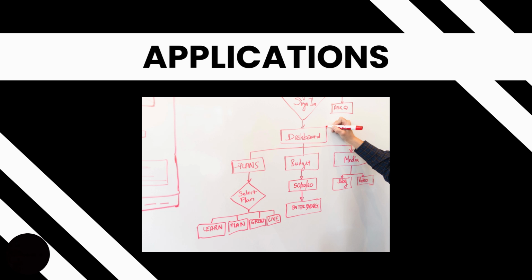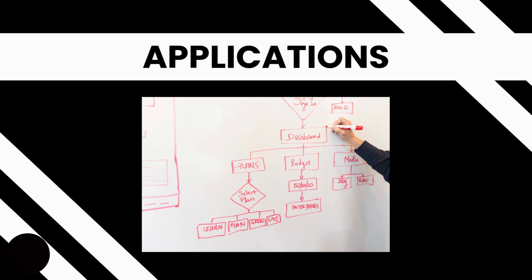Now, application of quality control tools. The application of the seven basic quality tools can be tailored to the specific needs of an organization. Each tool serves a unique purpose and can be applied at different stages of process control or problem solving.